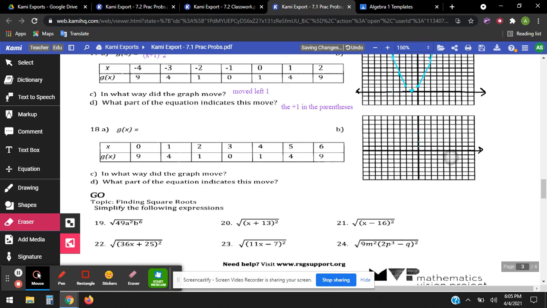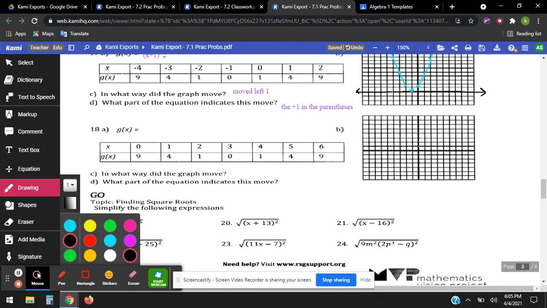So let's go ahead and move this down 1, so that I can do 1, 2, 3, 4, 5, 6, 7, 8, 9 right there. 1 is 4, 1, 2, 3, 4. 2 is 1. 3 is 0. 1 is 4. Okay, 4 is 1. And we're moving back up again.